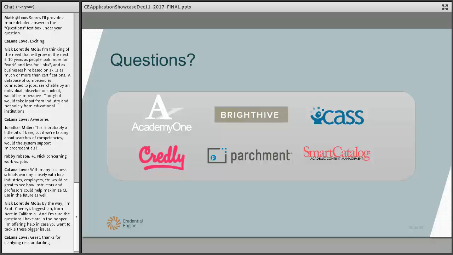And also, just as a point of clarification, when we use the word competencies and competency framework, we're using that inclusive to also include, say, learning objectives. In K-12, you all often hear about learning standards.